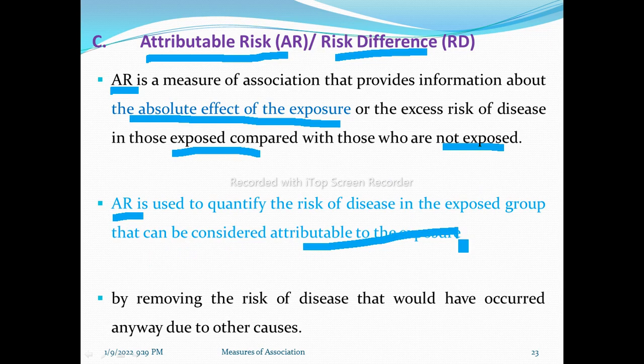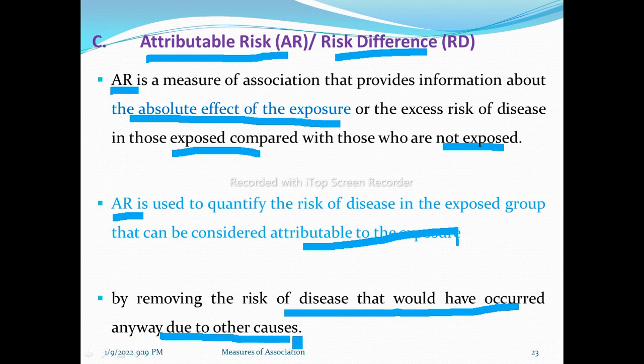So risk difference quantifies the risk of disease in the exposed group that is attributable to that exposure, by removing the risk of disease that would have occurred anyway due to other causes.